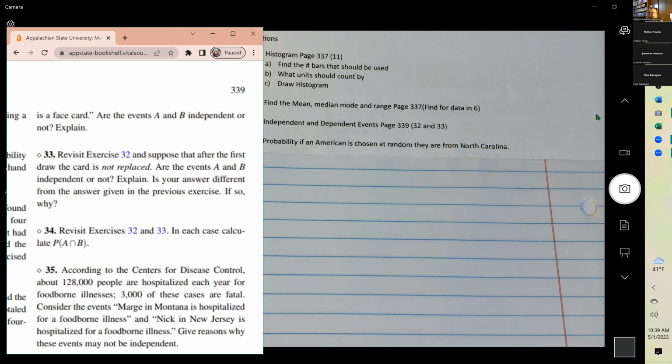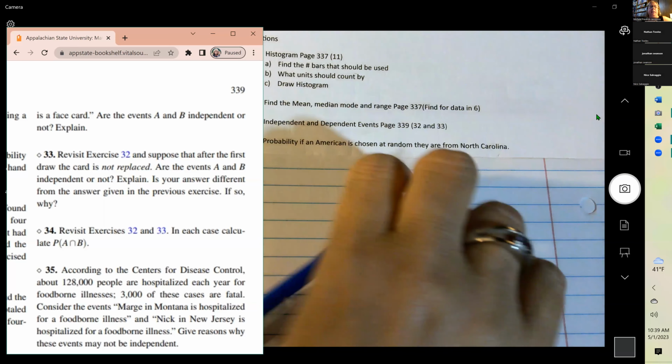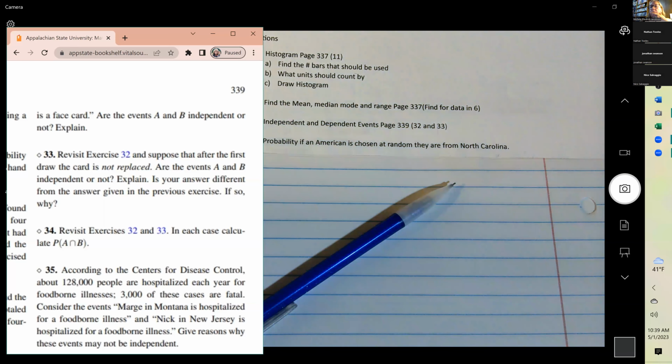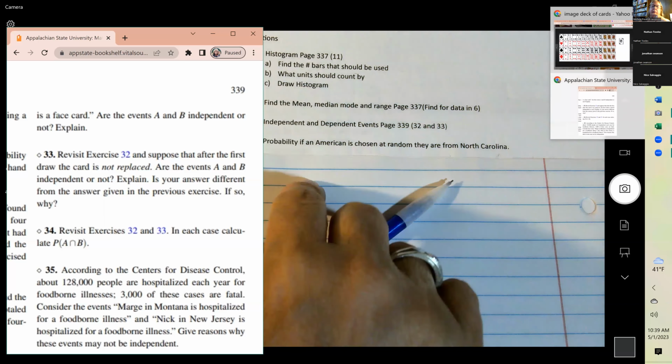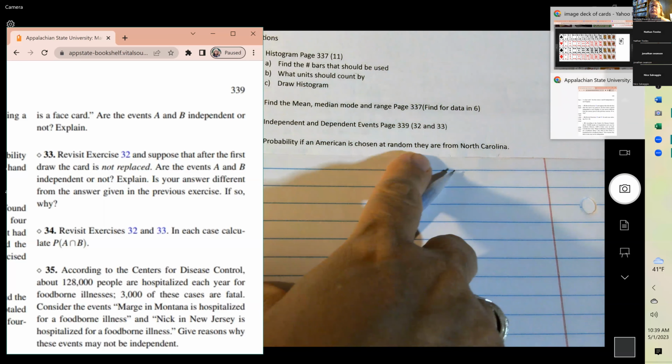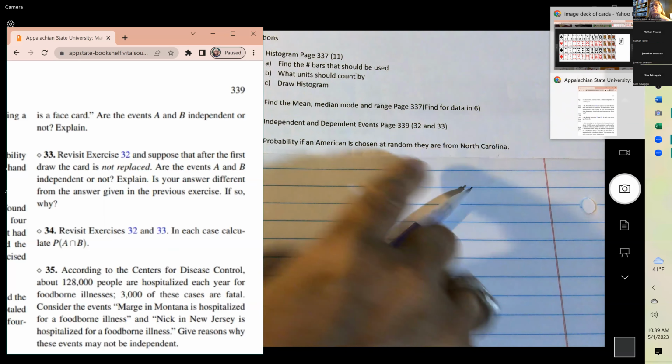But if you had to look it up, I can't stop you. So we'll look it up. We want to know the probability if an American is chosen at random, they are from North Carolina.